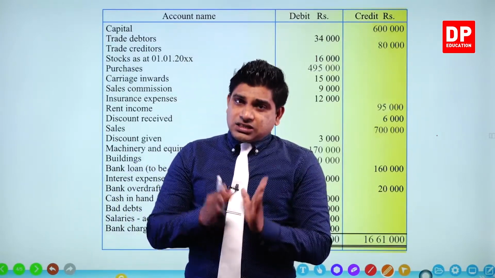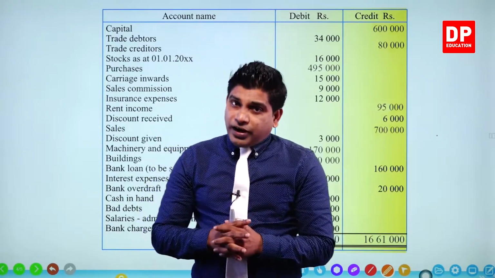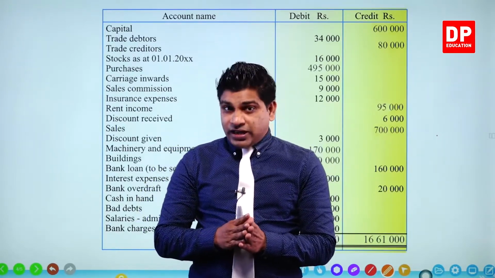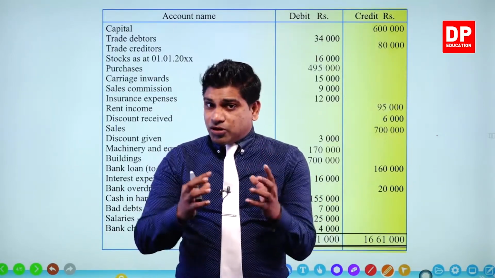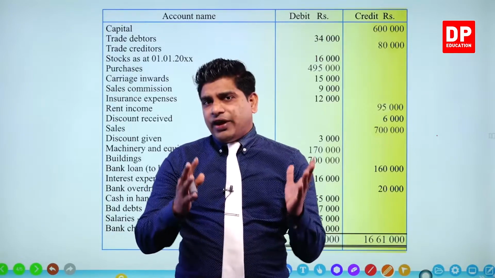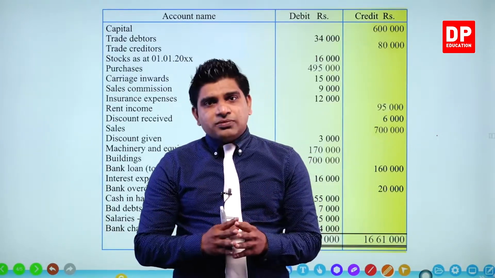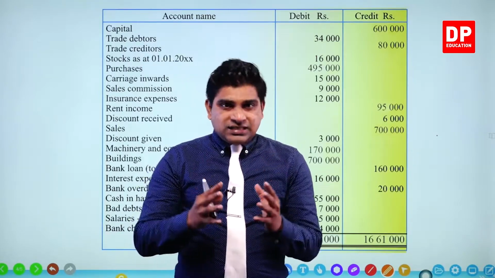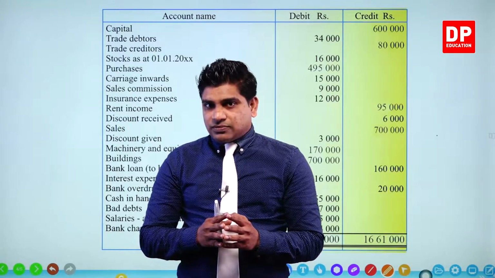After that, the same business should prepare statement of financial position. Why? To understand about financial position of the business. What do you mean by financial position? Financial position means available assets, capital and liabilities of the business.